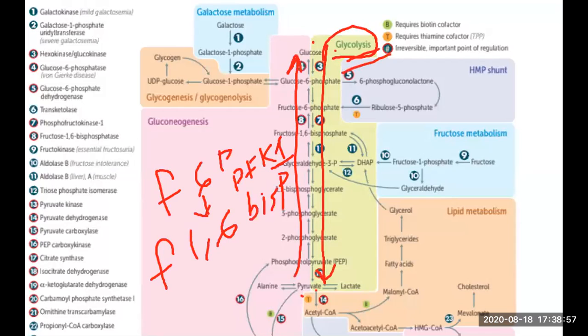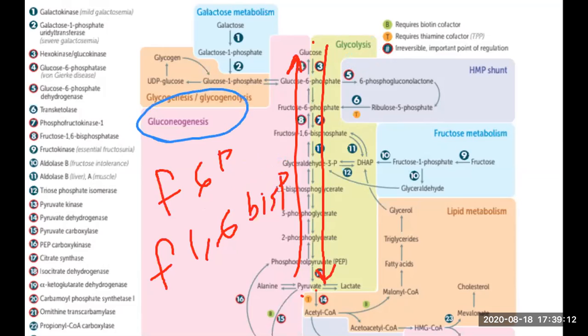But when you are talking about gluconeogenesis, you are going upwards. You are converting fructose 1,6-bisphosphate into fructose 6-phosphate, and your enzyme is fructose 1,6-bisphosphatase.